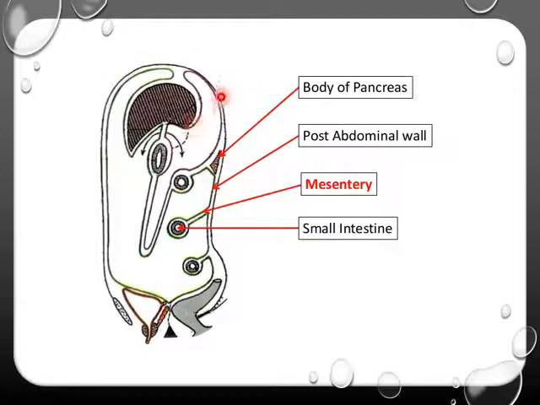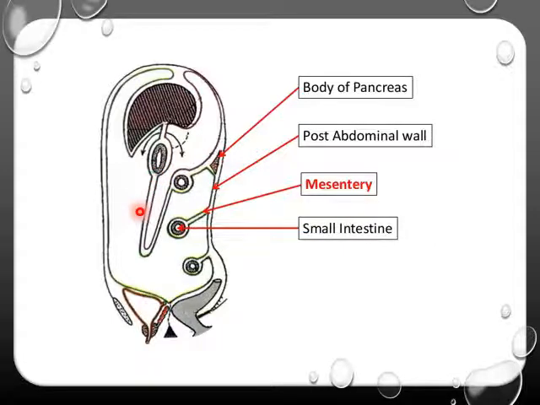Now what we are looking at here is the lesser sac. Lesser sac is covering a part of the liver. To be exact, it is the caudate lobe of the liver which gets covered by the lesser sac, and then it is coming and forming the posterior layer of the lesser omentum, covering the posterior surface of the stomach, and then reaching the greater curvature.